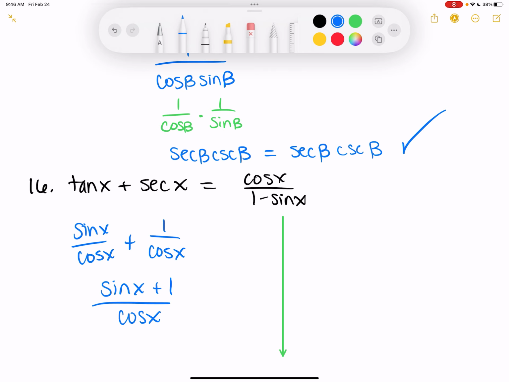Keep in mind, I can only change one side, so I can't do anything to the right side. It has to be multiplied by something.